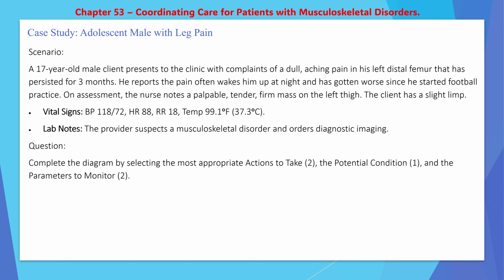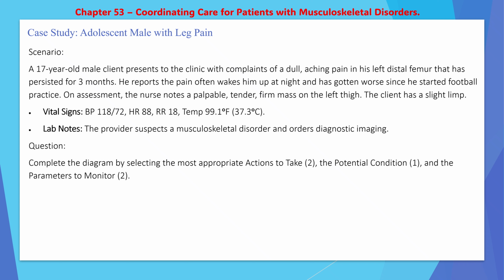Vital signs: blood pressure 118/72, heart rate 88, respiration rate 18, temperature 99.1 Fahrenheit, 37.3 Celsius. Lab notes: the provider suspects a musculoskeletal disorder and orders diagnostic imaging.